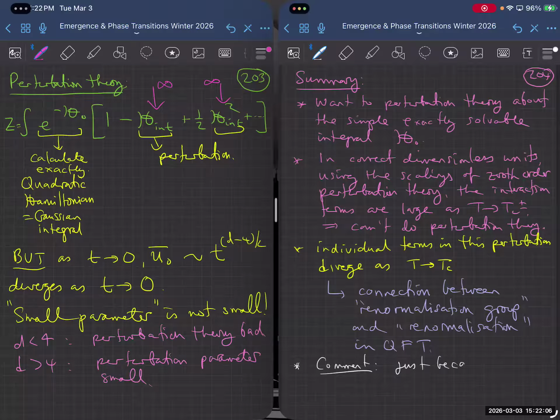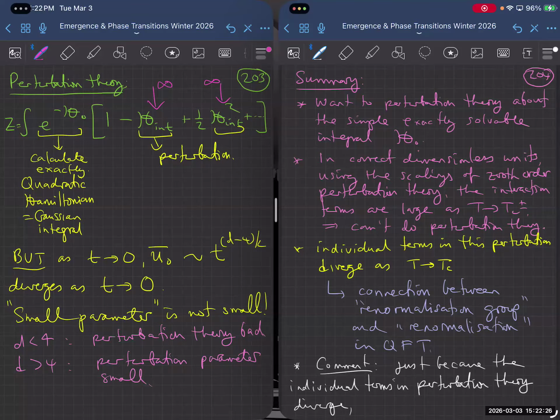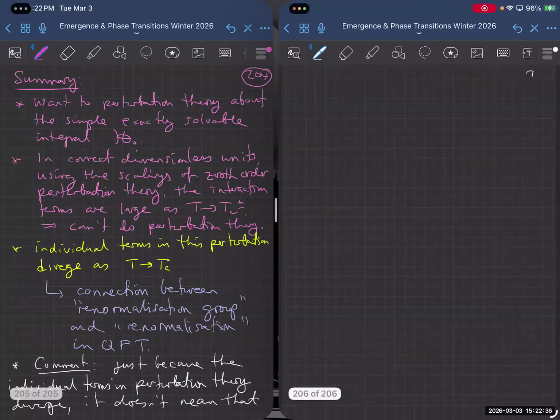Just because the individual terms in perturbation theory diverge, it doesn't mean that the perturbation theory itself diverges.